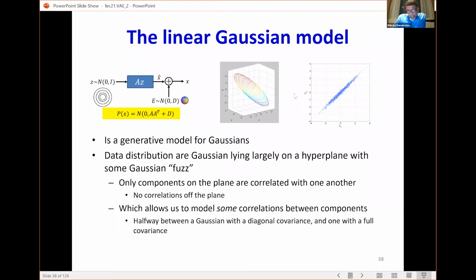Typically you assume that your Gaussian is fully correlated, all components are correlated to one another, or that it's uncorrelated. The covariance matrix is diagonal. This gives you something in between, which says that there is correlation, but the correlation only occurs within a subspace.